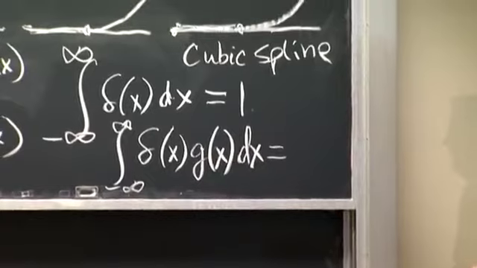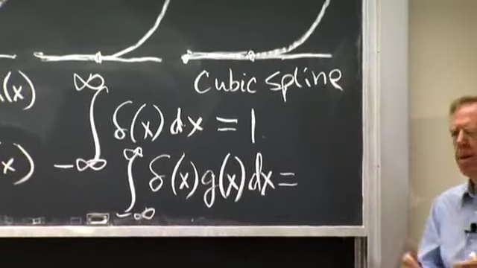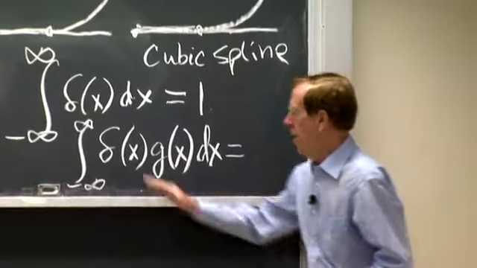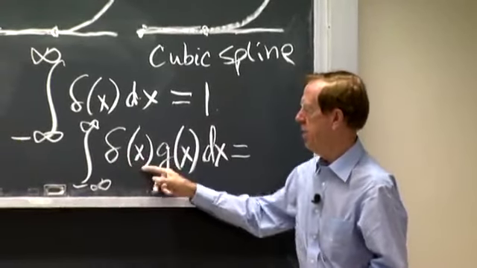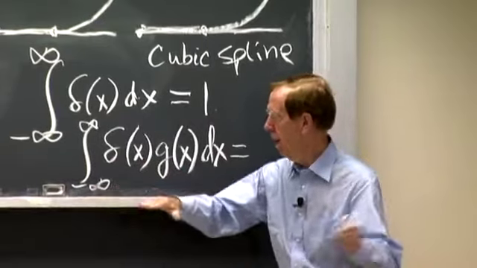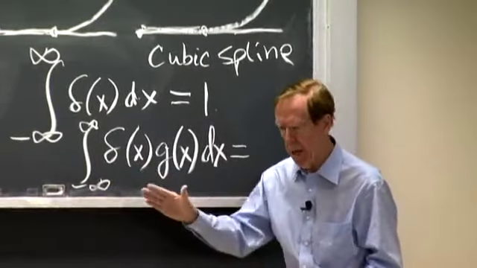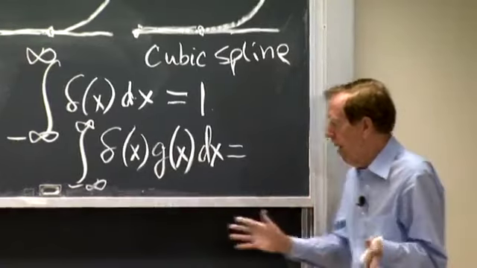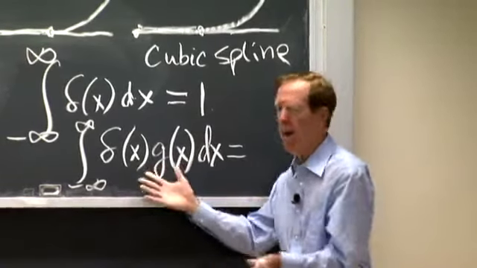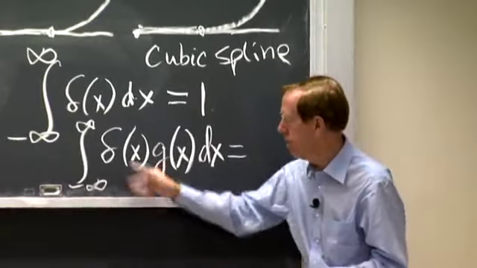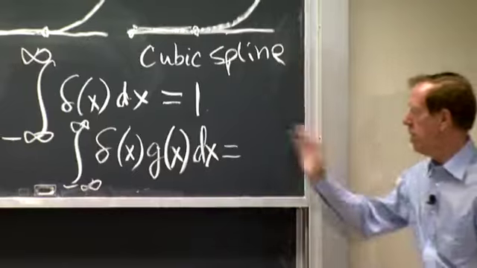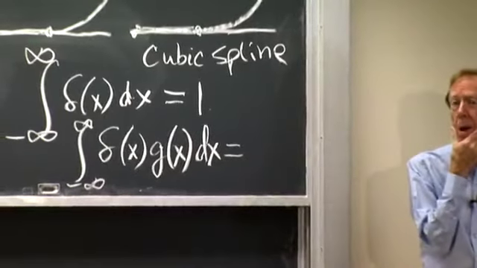What will be the answer if I integrate the delta function against some nice function? Okay, so I'm still getting 0 from this term all the way along until I hit the spike, and then after it goes back to 0 again. So whatever the answer is, it's got to be at the spike, at x equals 0, because I put the spike here at 0, the impulse. So what do you think's the answer for that one?